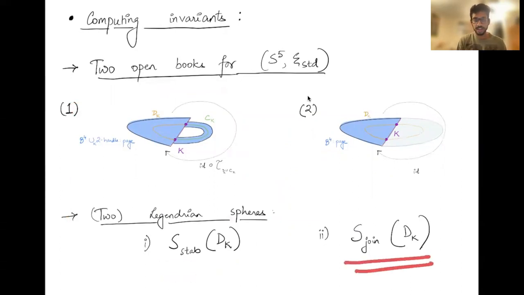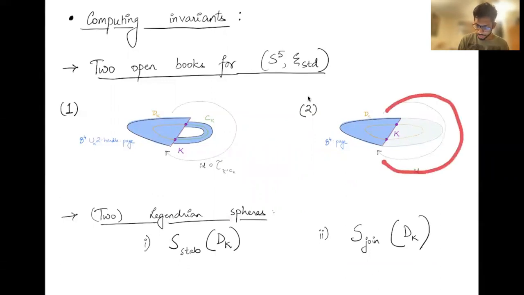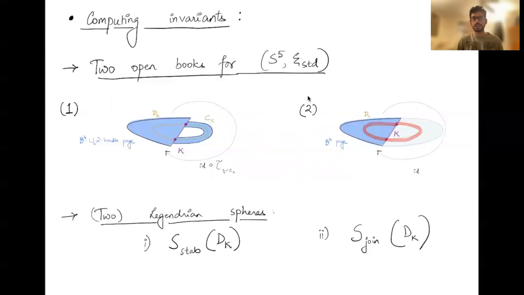And the way you can get that is consider the open book as described before with the four ball page and the identity monodromy, and take two copies of the Lagrangian disks in the open book, and you can sort of join them. There's some subtleties there, but you can join them. Since these Lagrangians are disks, you can join them and perturb them to be Legendrians. And we'll call this Legendrian sphere S join of dk.